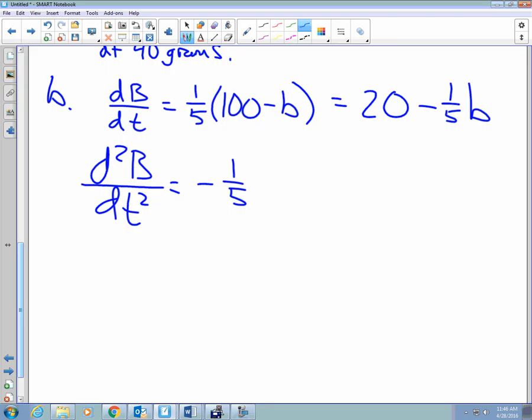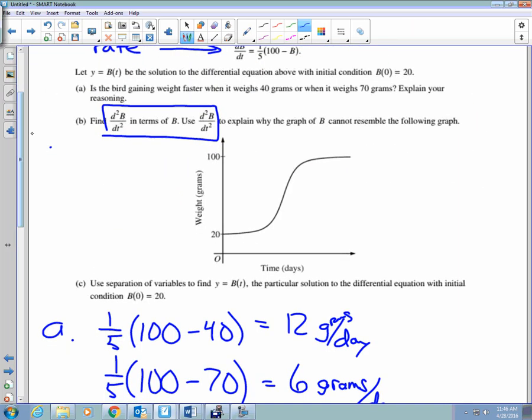Look at the B. Is it in the place that Y normally is, or where X normally is? B prime. You see, because this is the dependent variable. As you look at here, this is the weight in grams.